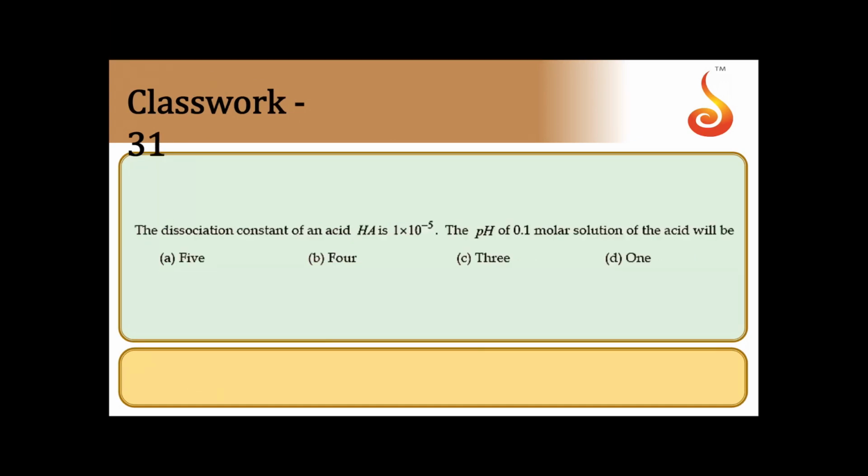31st. The dissociation constant of acid HA is 10 to the power of minus 5. The pH of a 0.1 molar solution of the acid is? It is a weaker acid, given with the Ka value.